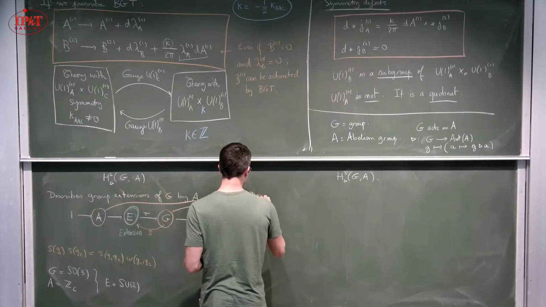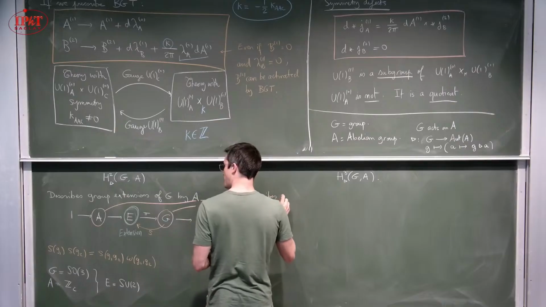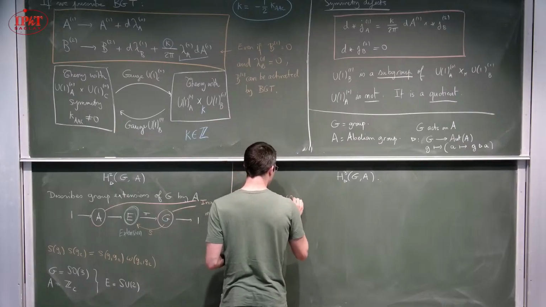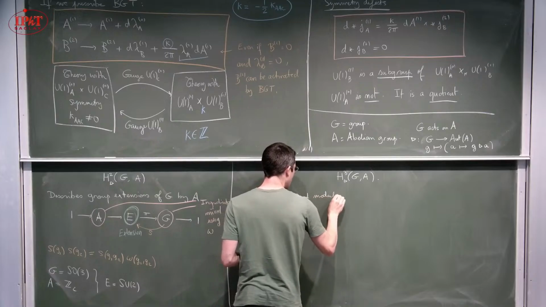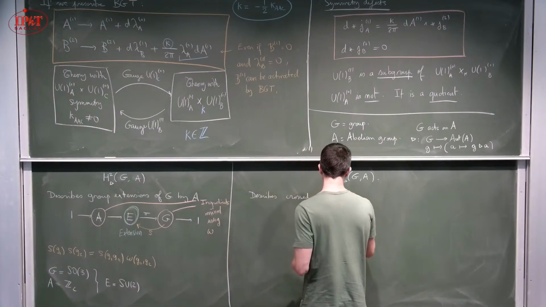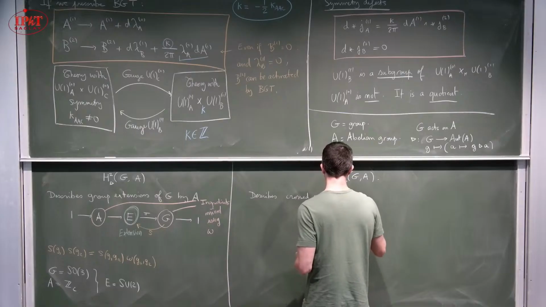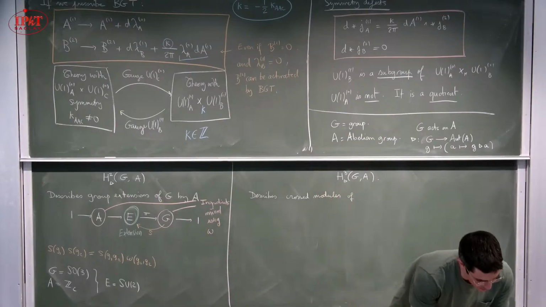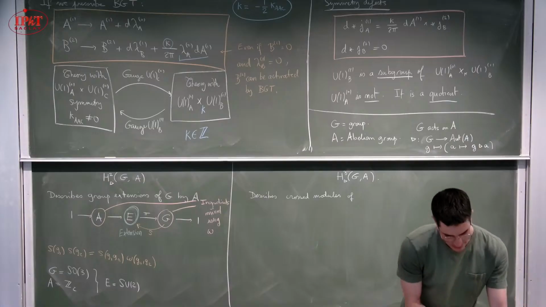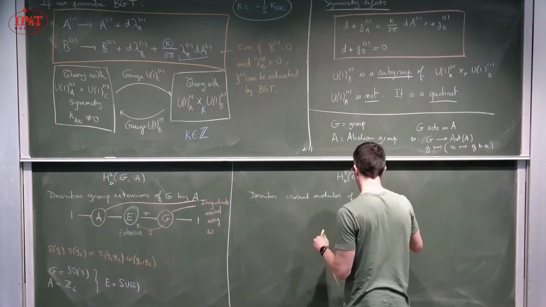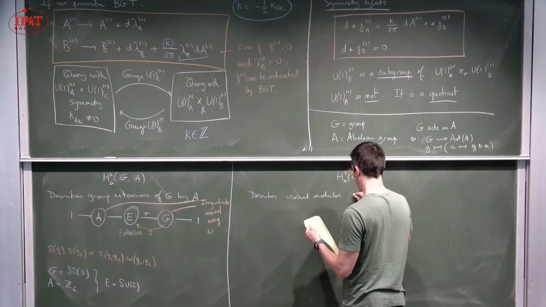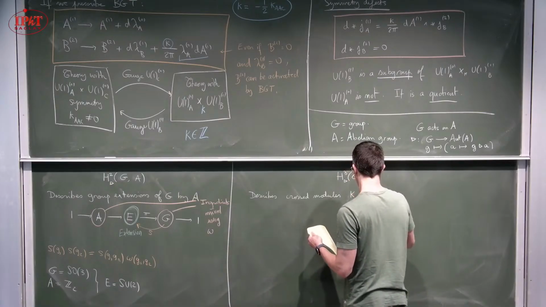So it describes what's called cross modules of cross modules K over 8.